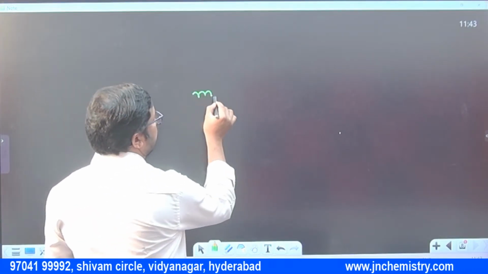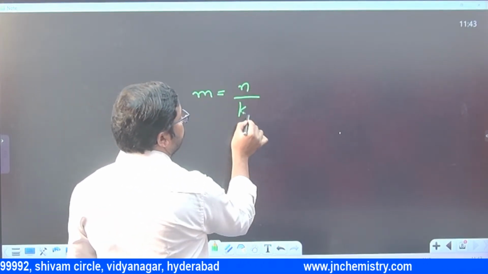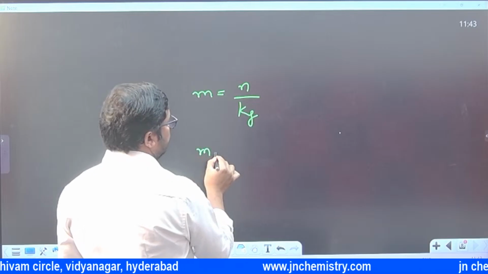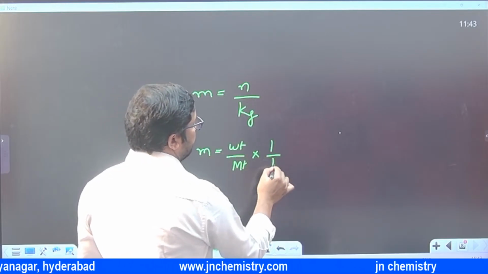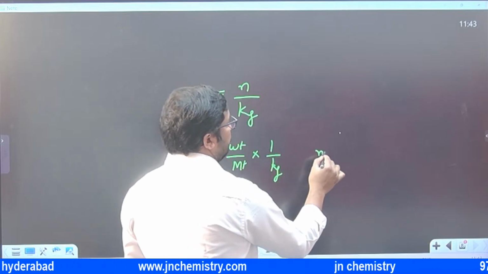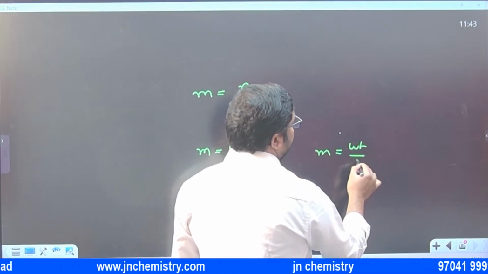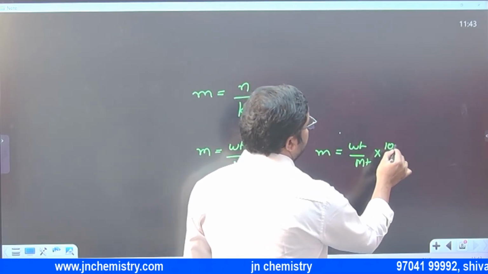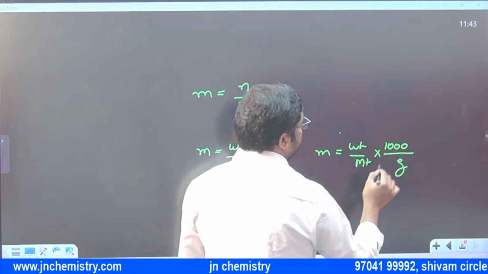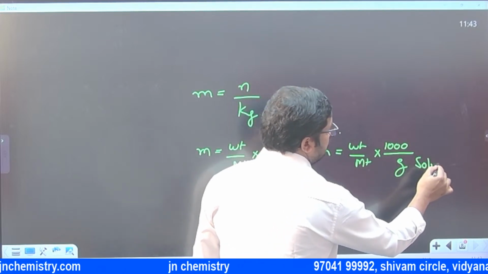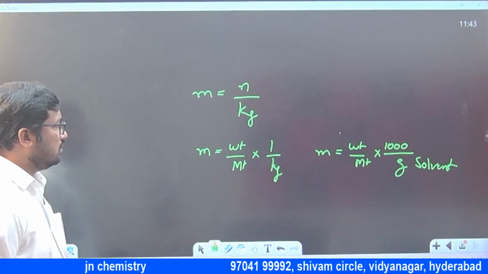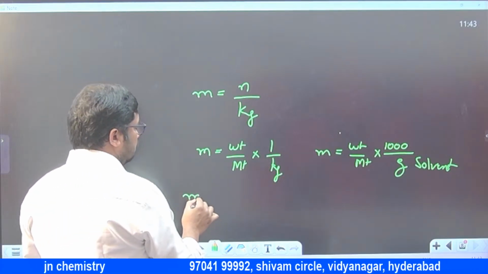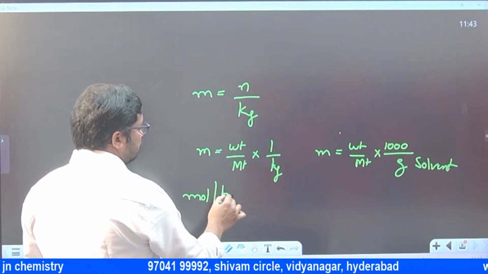So molality is equal to number of moles by kg of solvent. Molality is equal to weight by molecular weight into 1 by kg of solvent, which is weight by molecular weight into 1000 by grams of solvent. So units mole per kg.